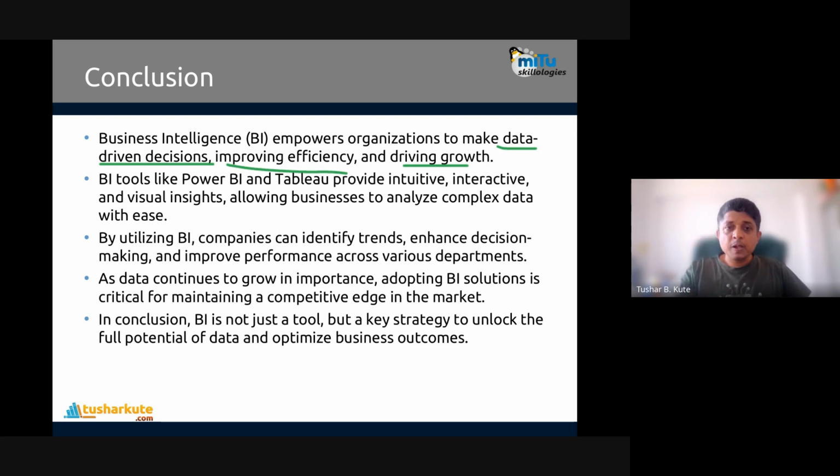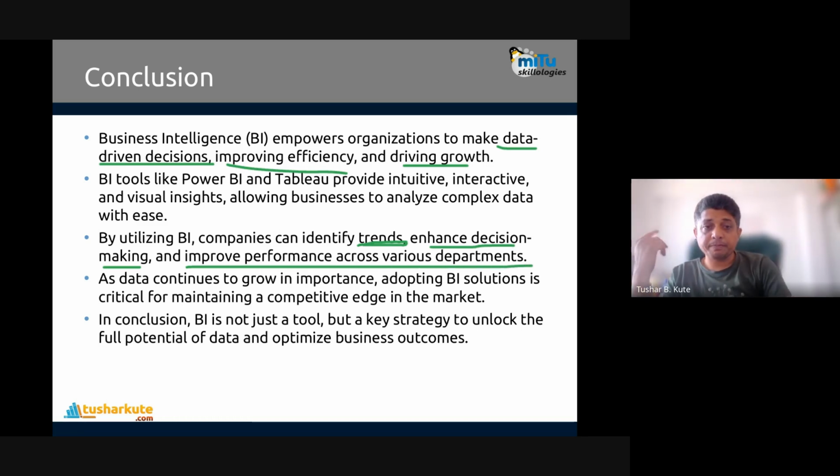Third, utilizing BI, the company can identify trends, enhance the decision making process, and improve performance across various departments. Fourth, as data continues to grow exponentially in importance, adopting BI solutions is critical for maintaining a competitive edge in the market.